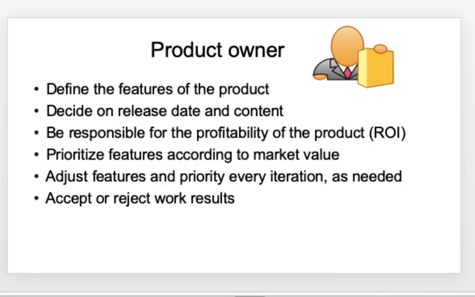He will be responsible for the profitability, which is called the ROI, the return on investment. He will prioritize the features according to the market value. He will adjust the features and priorities for every iteration, and he has the capacity to accept or reject the work results. He is the product owner, the PO.